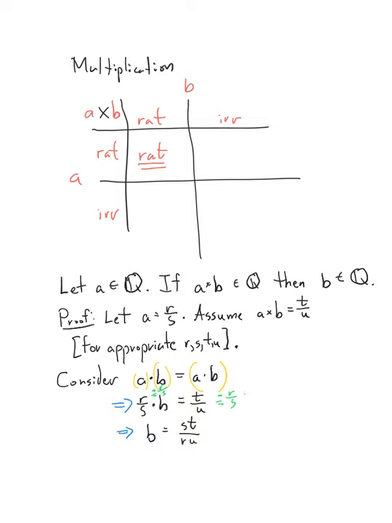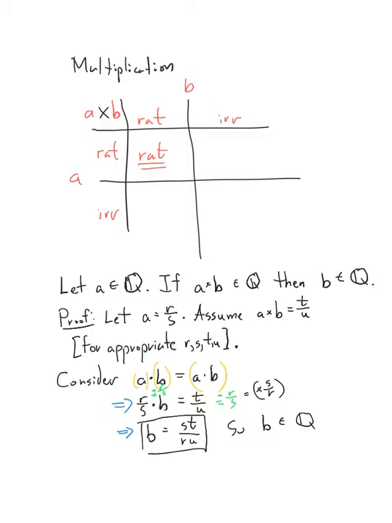So this is the same as multiplying by s over r. So what does that tell me? That tells me that b must be rational. So b is indeed a rational number.